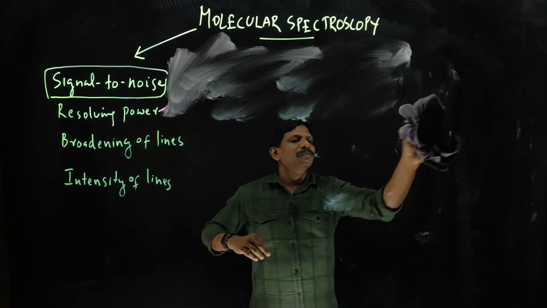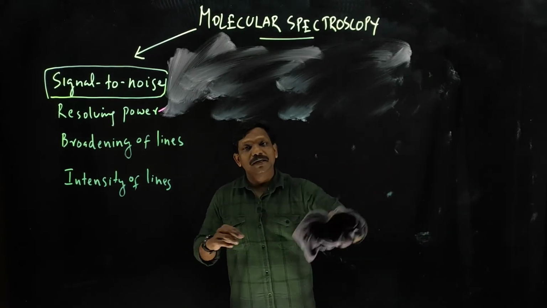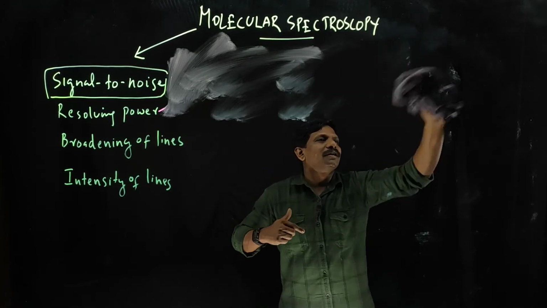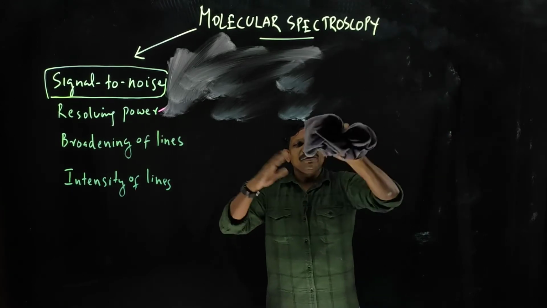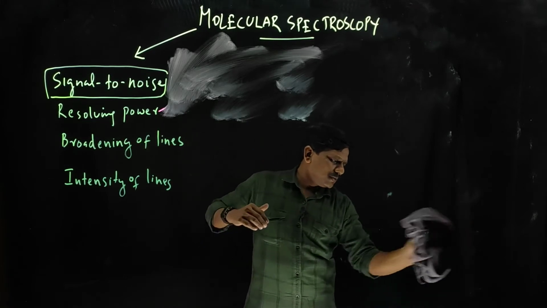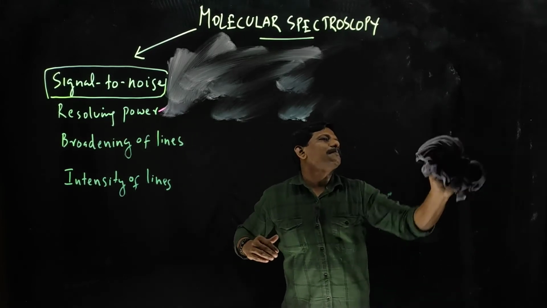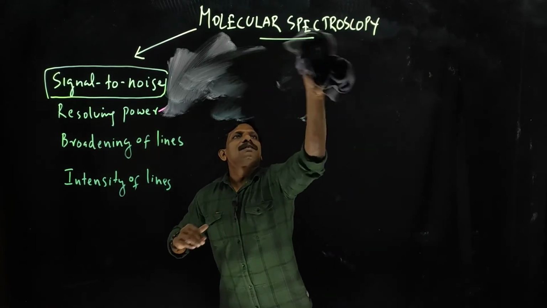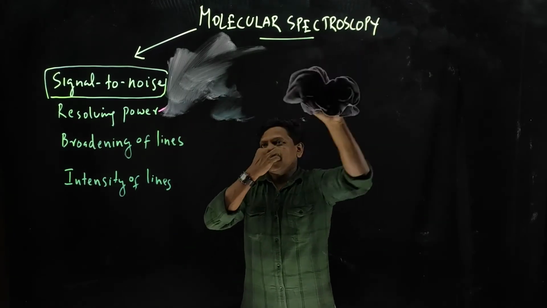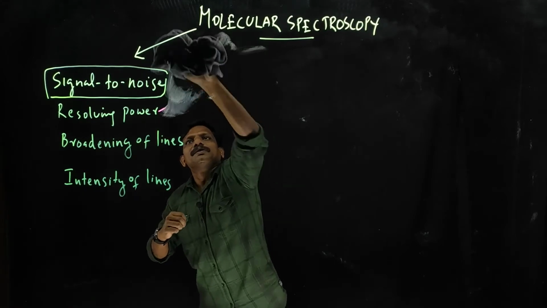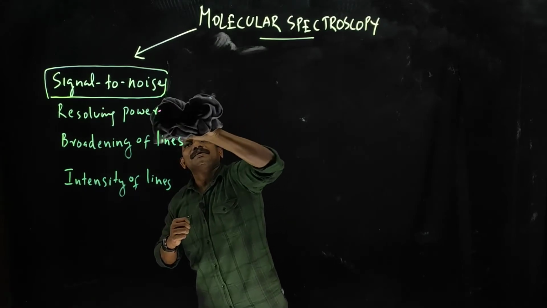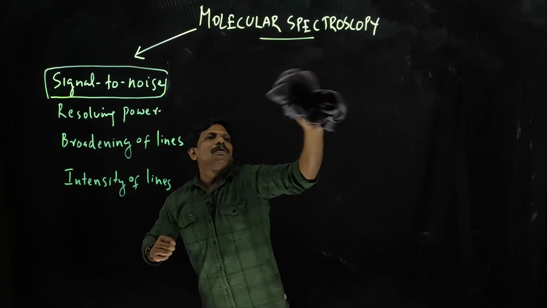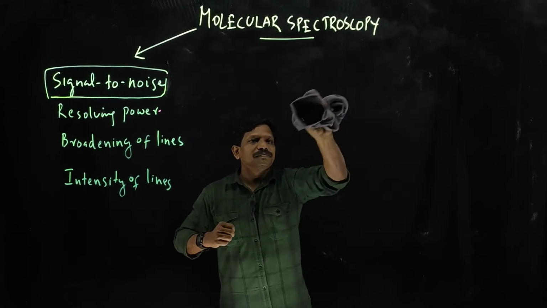Sharp peaks will tell you clearly about the correct frequency. Otherwise, if it is very broad, you will get a range of frequency. So people are very much interested in sharp spectra, but most of the time you will not get a sharp line. That problem we will discuss now.